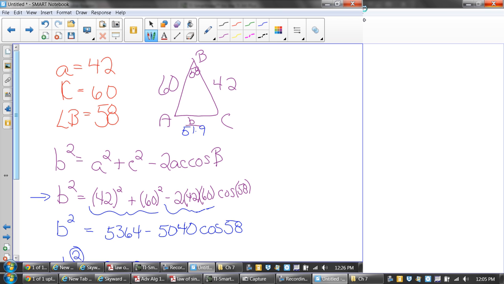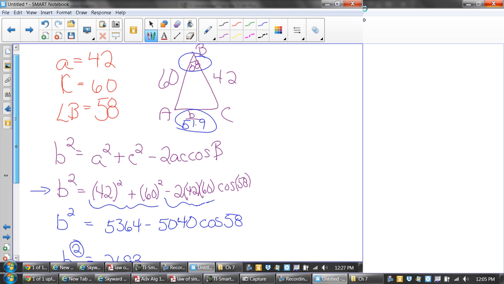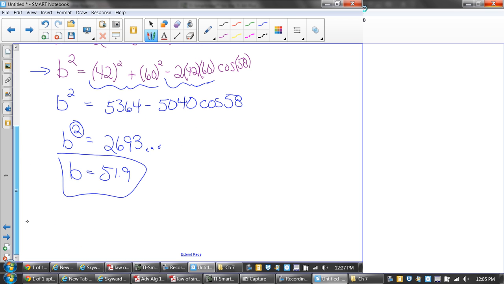So now that we're here, what do we notice? Now we do law of sines, right? We have angle B, now we have side B. Now it just jumps back to what you guys were doing yesterday. So, what do we want to solve for, angle A or angle C? It doesn't matter either way.